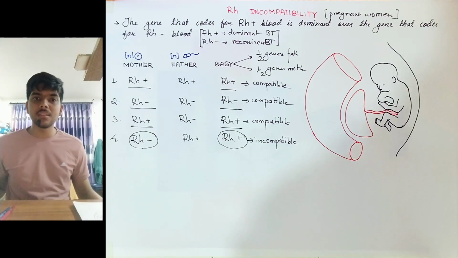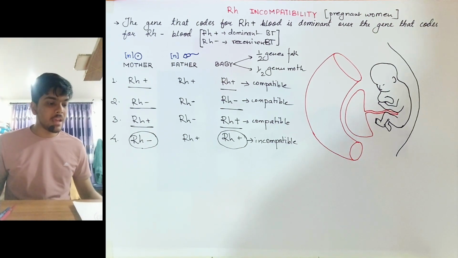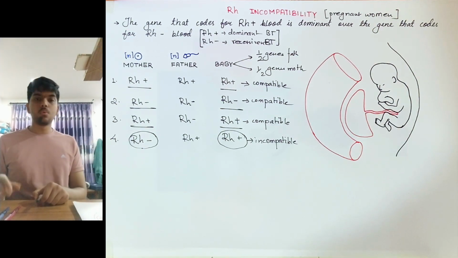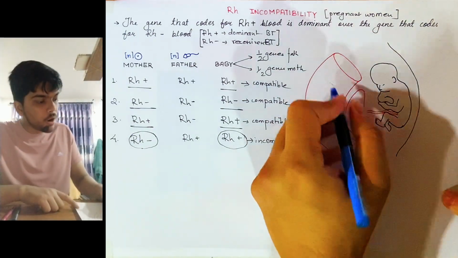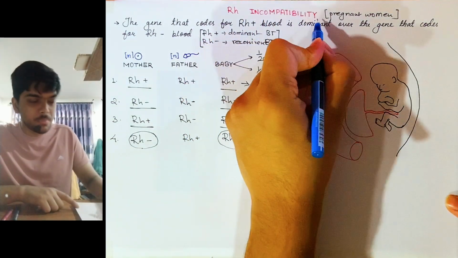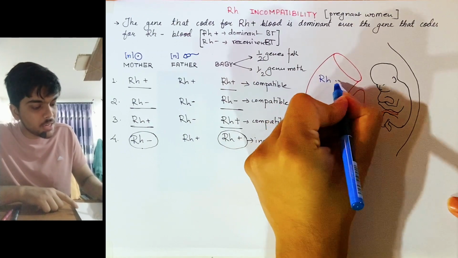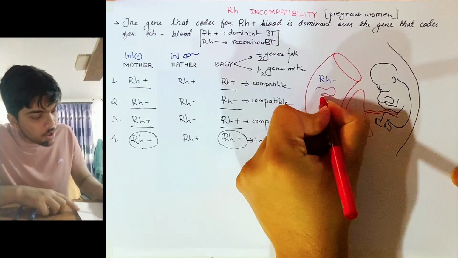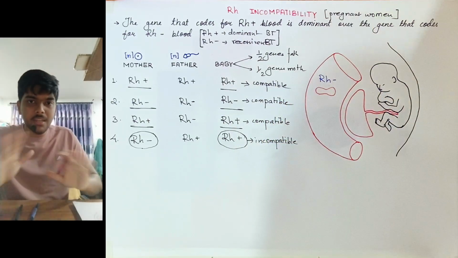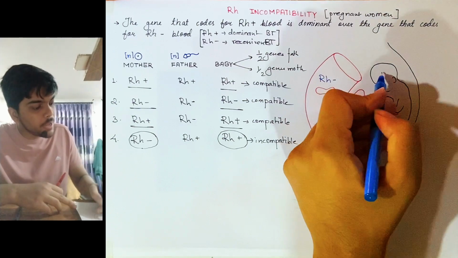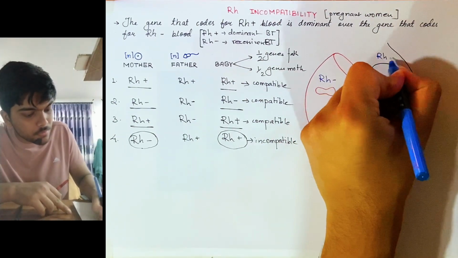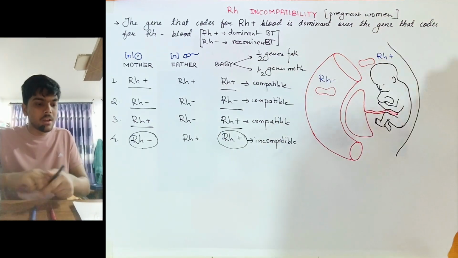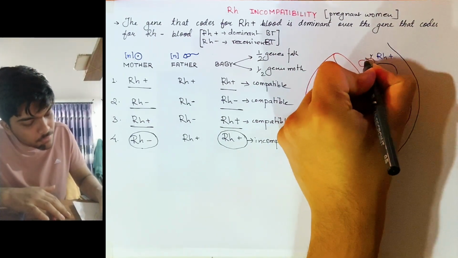But this takes place in steps, and let's look at those steps as well. So what did I mention? The blood of the mother during Rh incompatibility is Rh negative. This means on the surface of the RBC, there's no Rh antigen. And the blood of the baby is Rh positive. This means on the surface of the blood of the baby, there are Rh antigens.